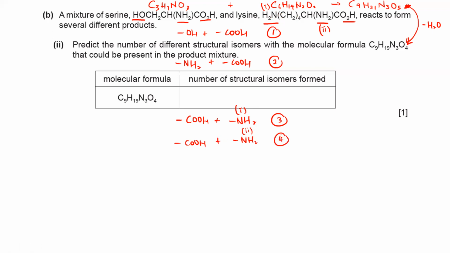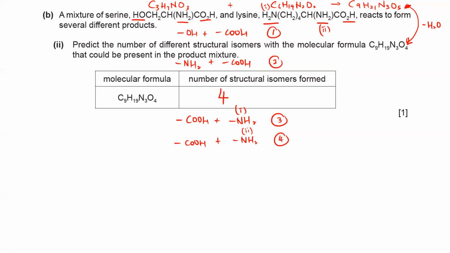So that will give us the fourth isomer. Now let's look again whether there will be any other combination out of these 4 to form a condensation product. I see none. So I'll predict that the number of structural isomers formed will be 4.